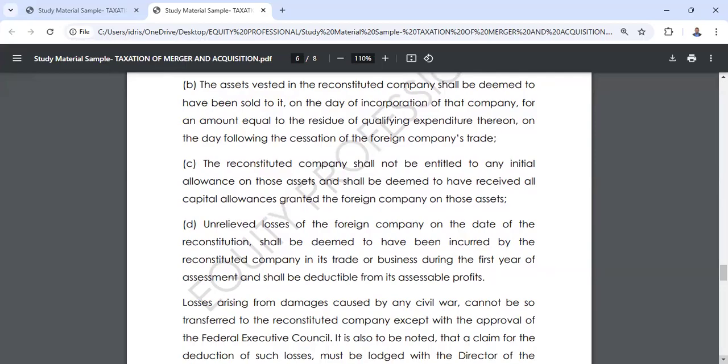That means if they have unrelieved losses before the date of reconstitution, those unrelieved losses can be taken over after the company is now owned by local investors, and those losses can be available for set off against any future profit.